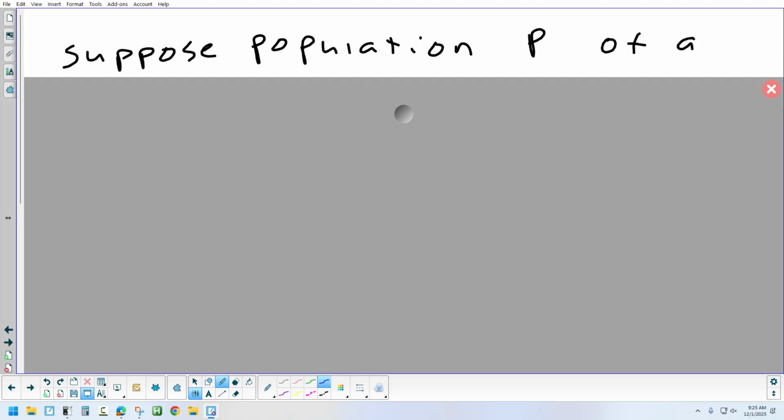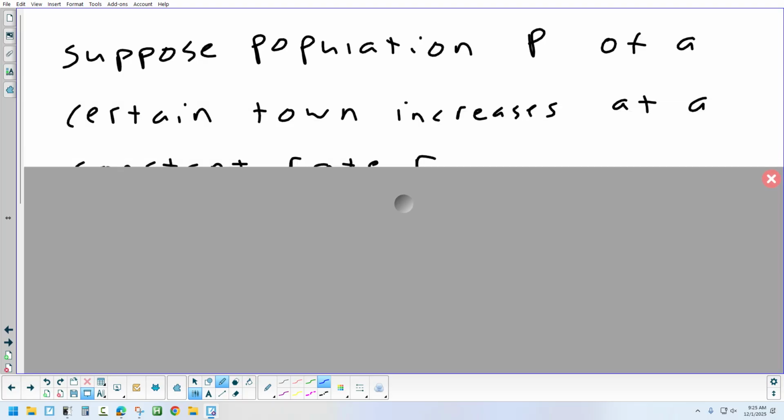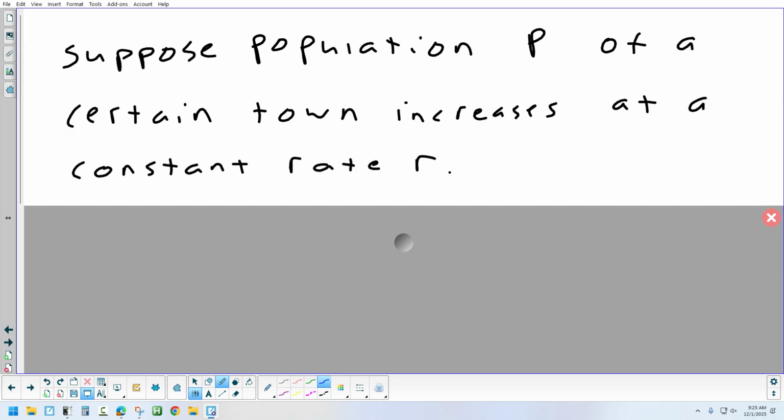Okay, so what we're going to finish up with is a few formulas that describe exponential growth and exponential decay. First of all, whenever something is exponentially growing, that means it is growing at a rate or a percent. So like if you worked at a job and you got a 2% raise every year, that is exponential.